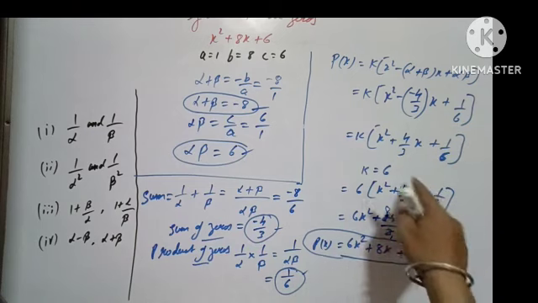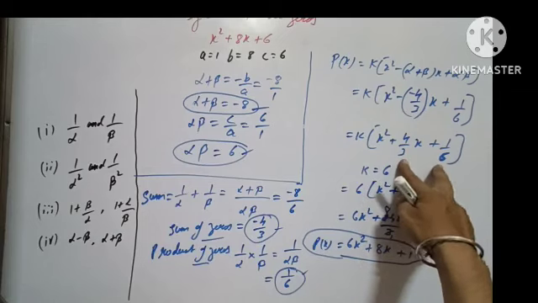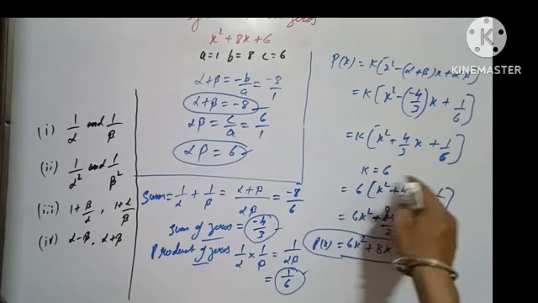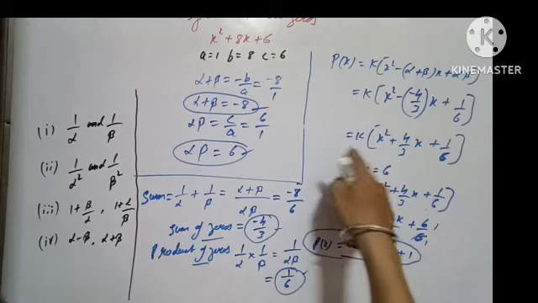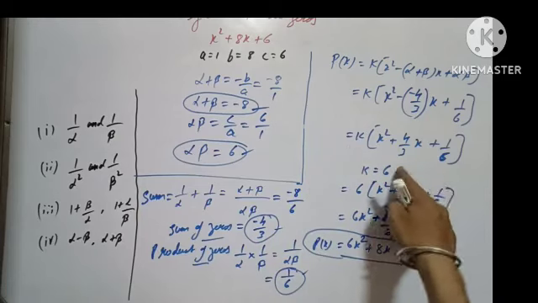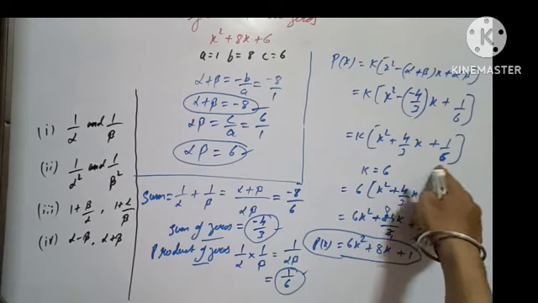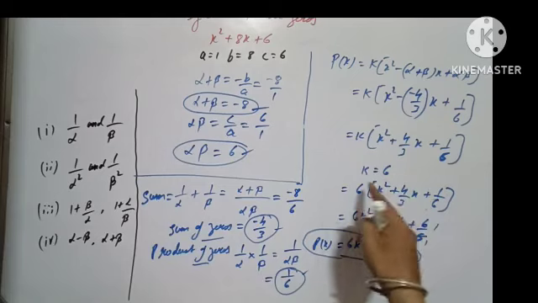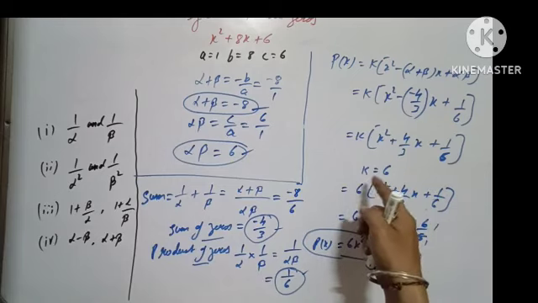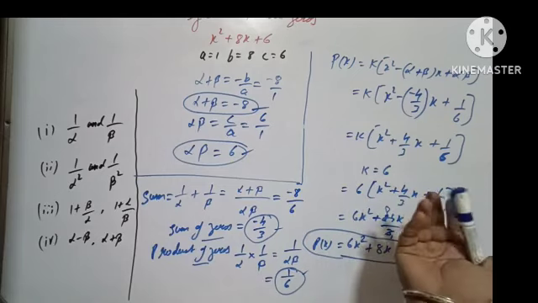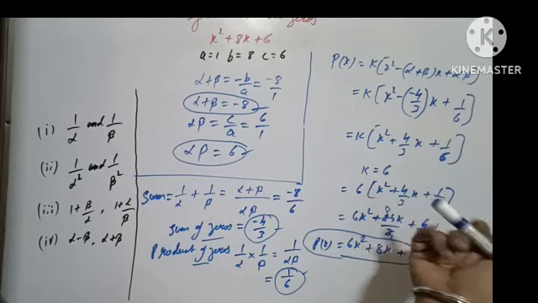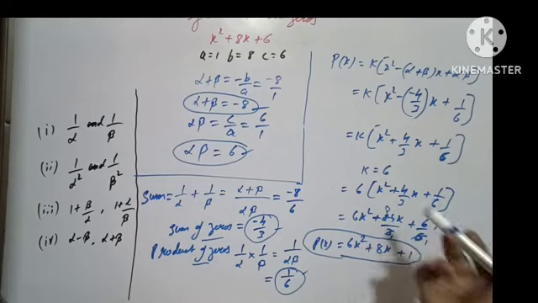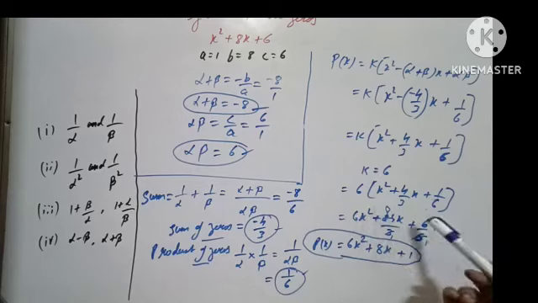Okay, now to remove the denominator, we can substitute the value of k as the LCM of these two denominators. LCM of 3 and 6 is 6. So we substitute the value of k as 6. We can use any number that is a multiple of 6. So after multiplying, we got the required polynomial as 6x square plus 8x plus 1.